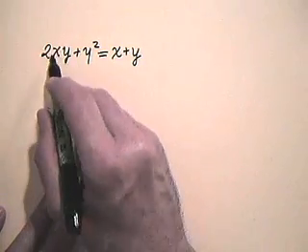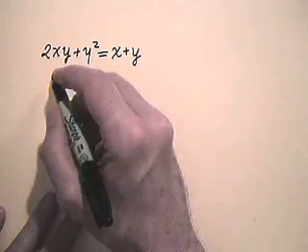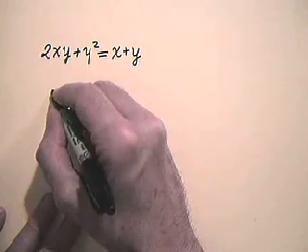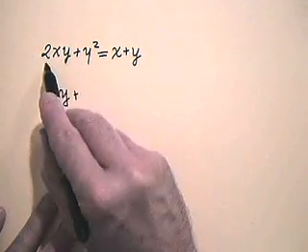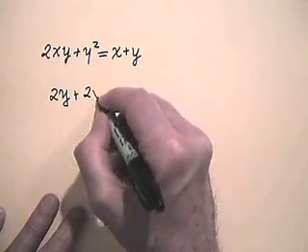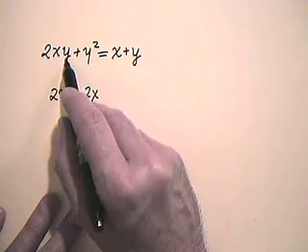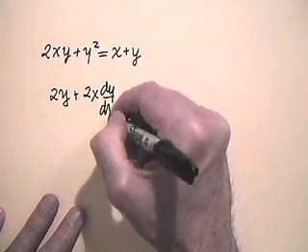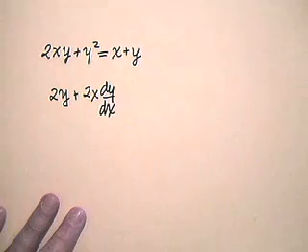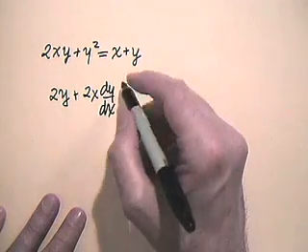Derivative of 2xy, we use the product rule on the first term. We get 2 times 1 is 2, times y, plus, now copy the first factor 2x and multiply by the derivative of y with respect to x. That's dy/dx, since we don't know exactly what y is in terms of x.